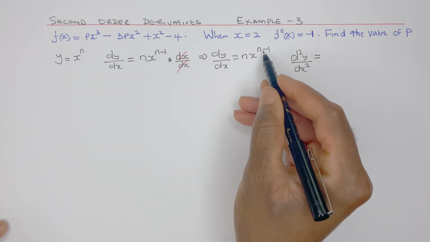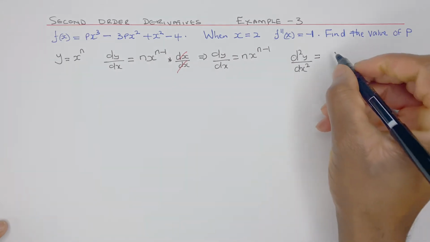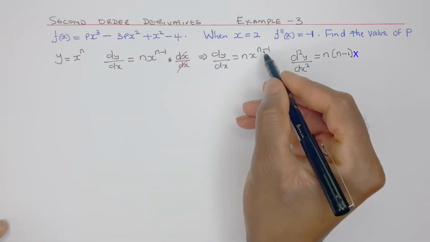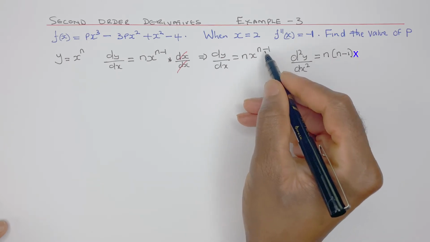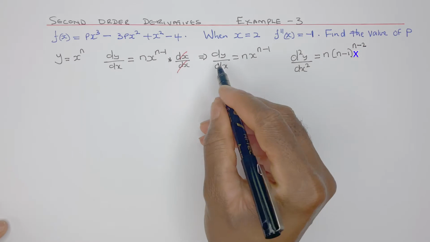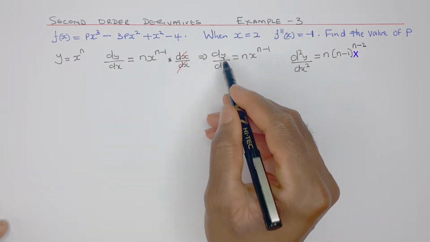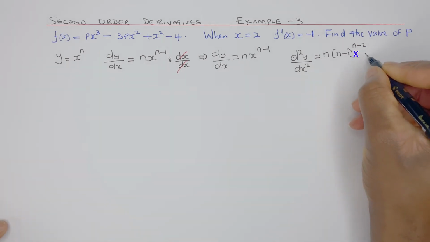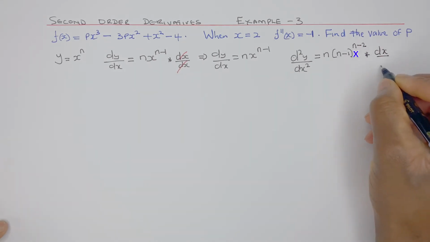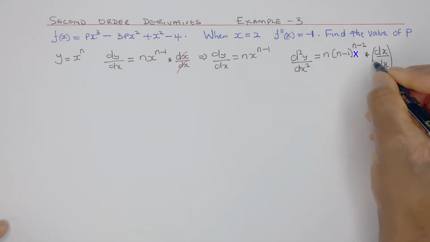okay, so you bring down the n minus 1. That will be n into bracket n minus 1. Take away 1 from the exponent, x to the power n minus 2, and times it by the differential of x, this x here. So that will be times dx over dx squared.